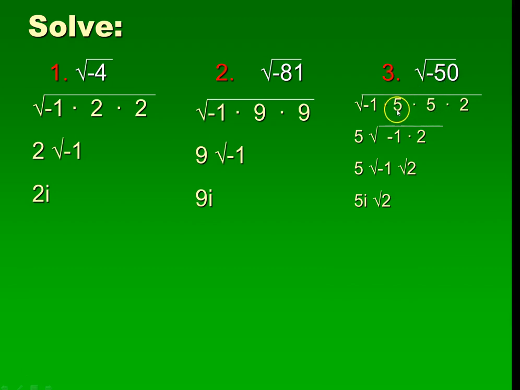So 5 times 5 times 2, and there's our negative 1. We have 2 of something, so we pull out the 5, and now we have square root of negative 1 and 2. There's just not a whole lot we can do with the square root of 2. It's just going to be stuck there. But the square root of negative 1 is i. So you need to stop the video and do 1 through 4 and see if you can use your i definition.